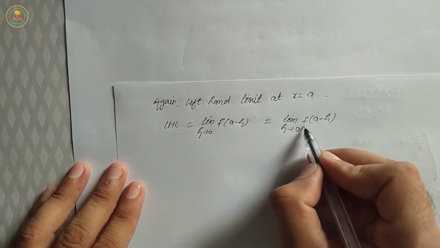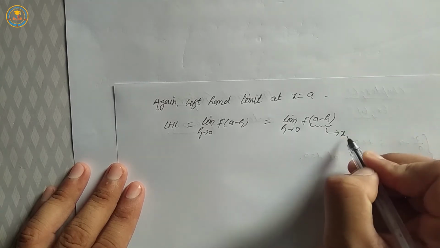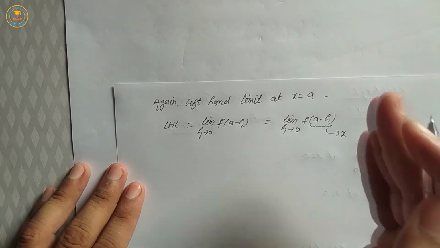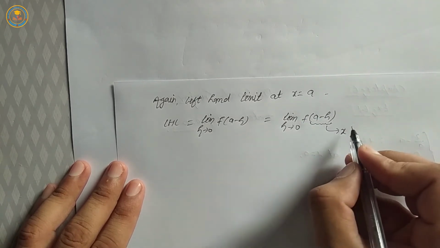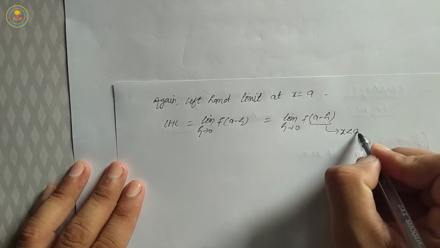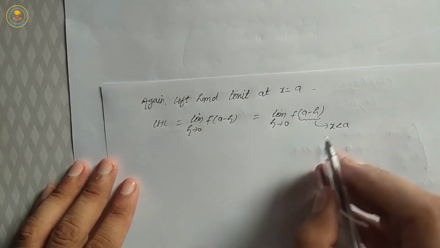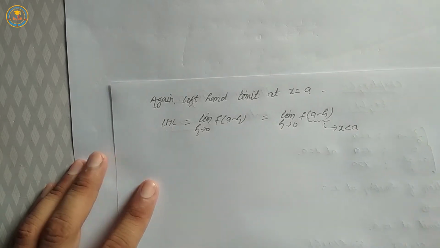According to the function f(x), it means x is equal to a minus h, it means the value of x less than a. So x less than a.